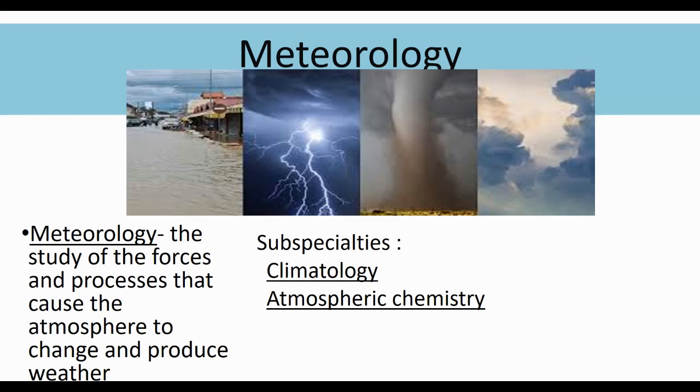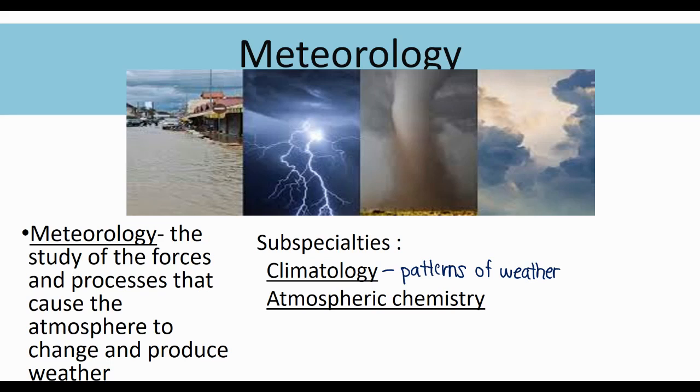Meteorology is something that we're all familiar with because we all experience weather like flooding, lightning, tornadoes. Subspecialties of meteorology is climatology, which is looking at patterns of weather over a long period of time. So weather is going to be short-term and climate is going to be long-term.